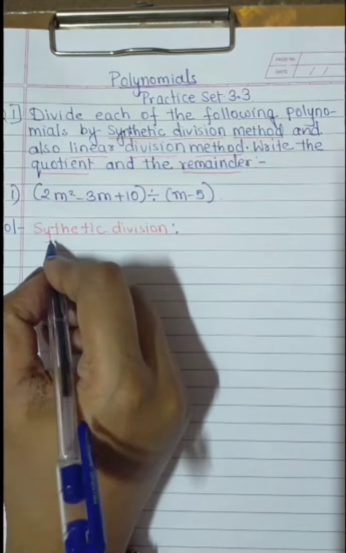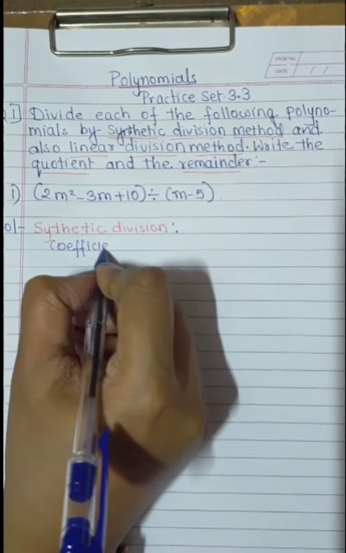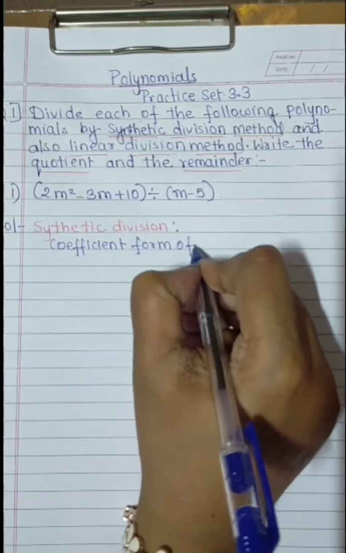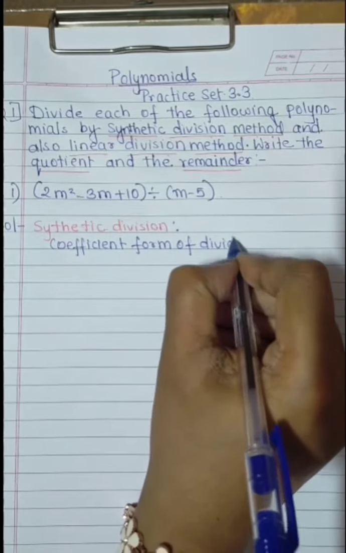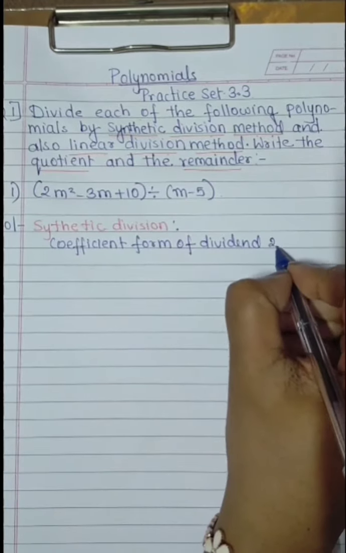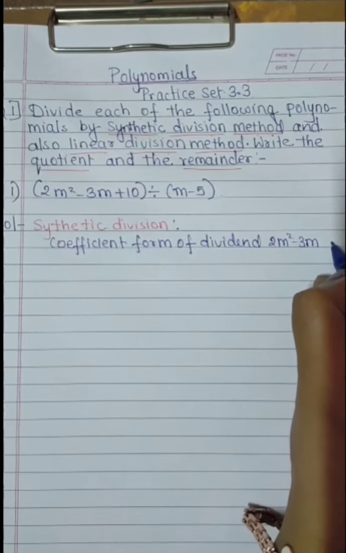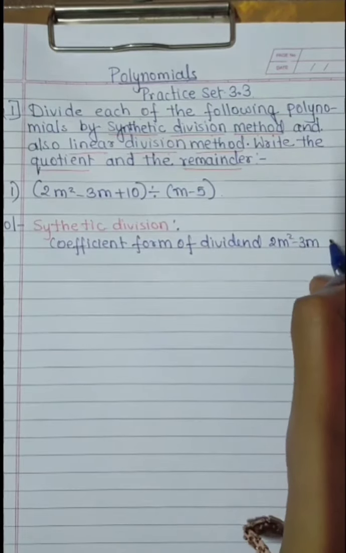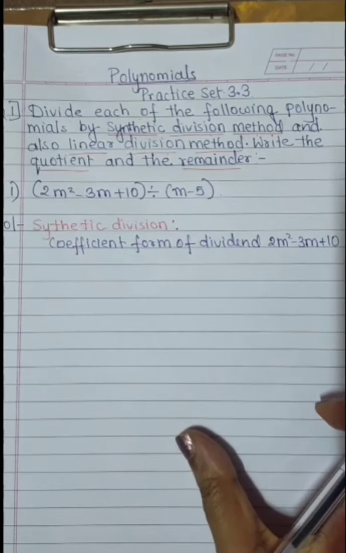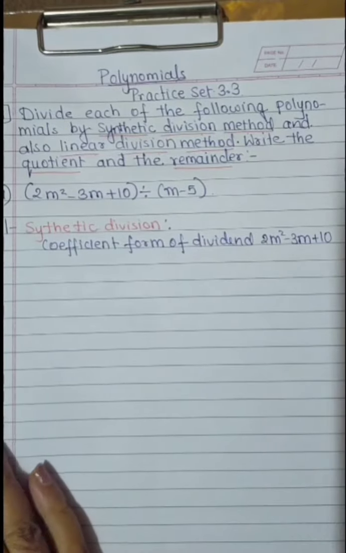So here the coefficient form of the dividend 2m square, 3m, plus 10.